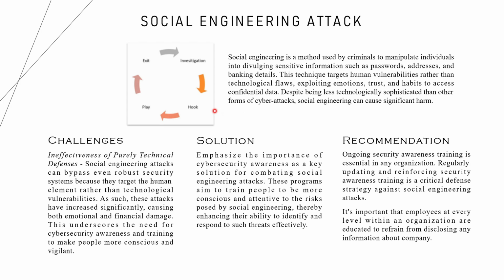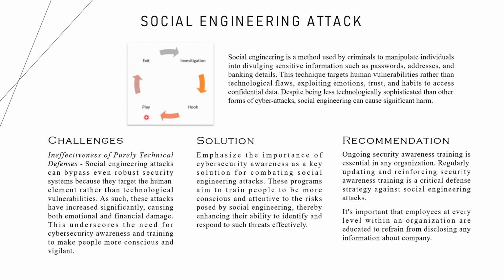So this is the life cycle of social engineering attack. First is investigation. The attackers select a target, gather background information on them, and decide on an approach to attack. Next, hook. For the hook, the attacker builds a rapport with the target, fostering trust and getting closer to them.